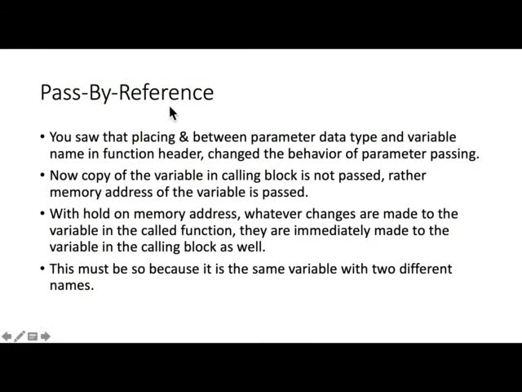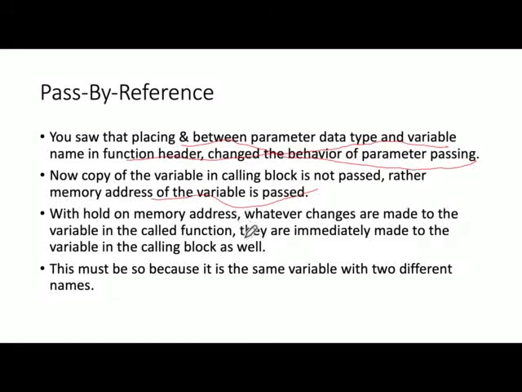Pass by reference summary. You saw that placing an ampersand between parameter data type and variable name in function header changed the behavior of parameter passing. Now a copy of the variable in the calling block is not passed, rather the memory address of the variable is passed.